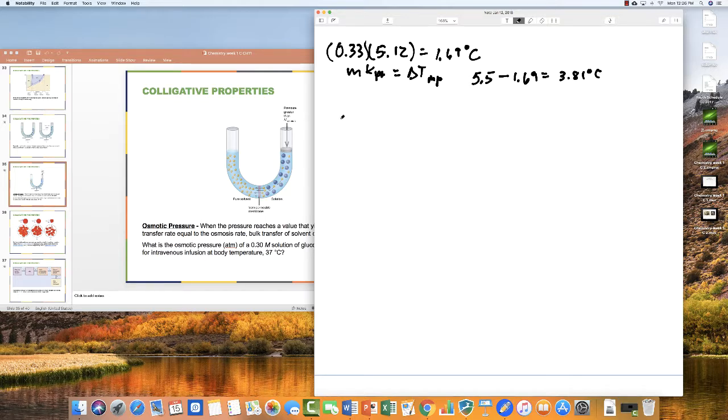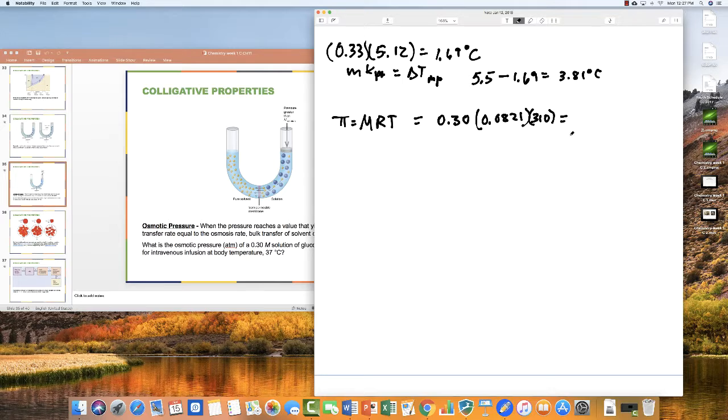First of all, the osmotic pressure is equal to the molarity times the gas constant times the temperature. We said that the molarity is 0.30 times the gas constant, and that means that we have to have the temperature in Kelvin, and this is 310.15 degrees Kelvin.